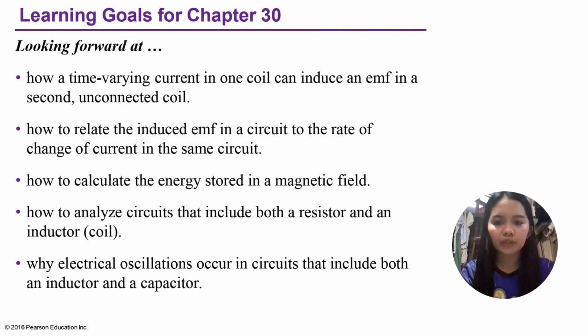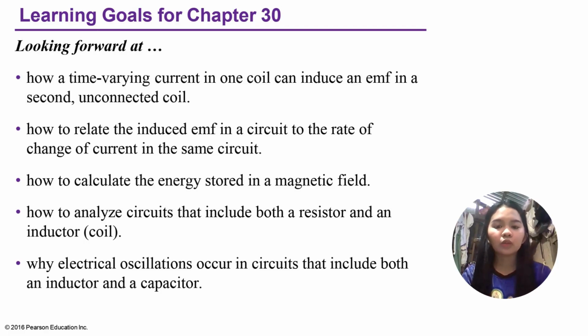In this chapter, before we delve into our main discussion, let me introduce our learning goals. First is how a time varying current in one coil can induce an EMF in a second, unconnected coil. Second is how to relate the induced EMF in a circuit to the rate of change of current in the same circuit.